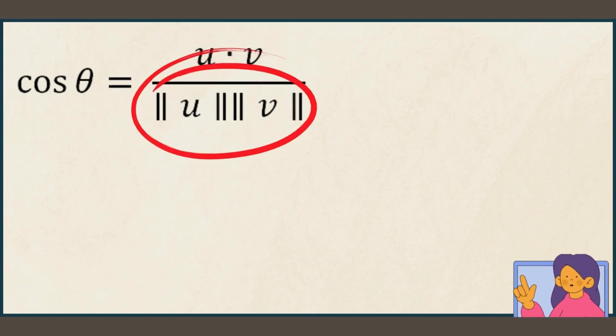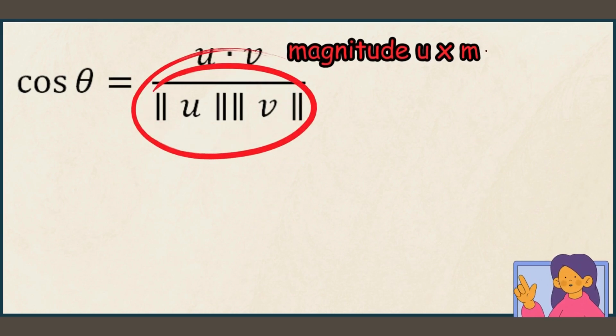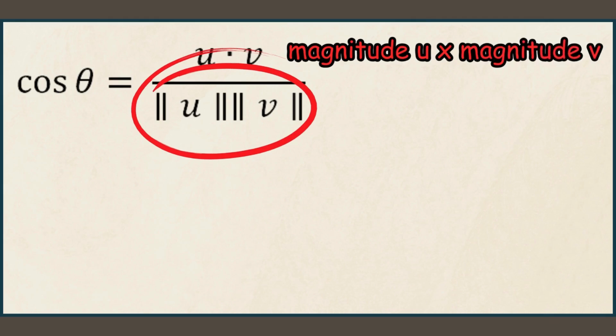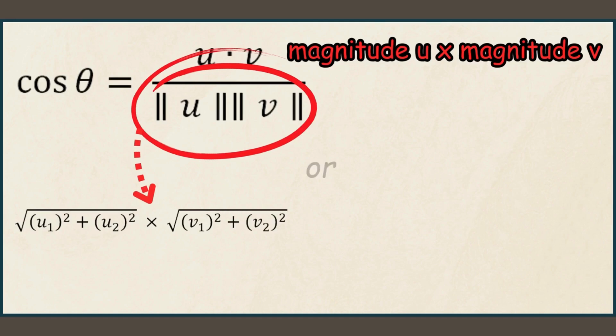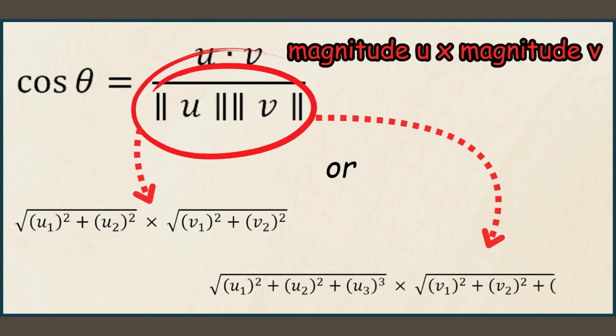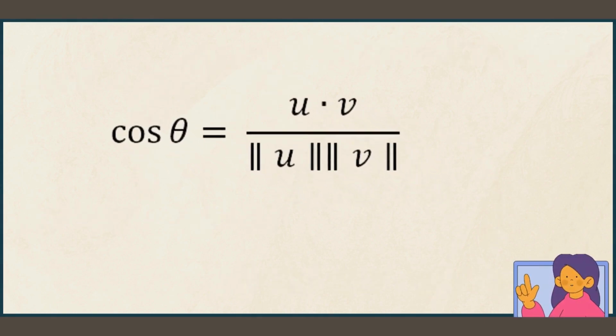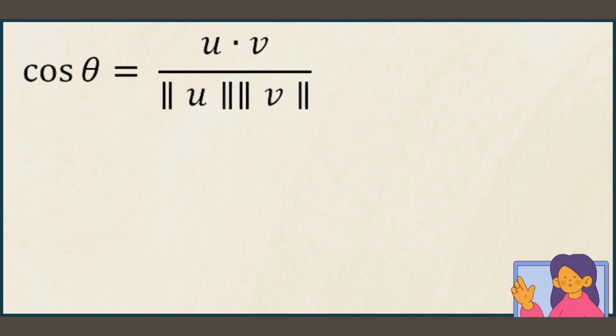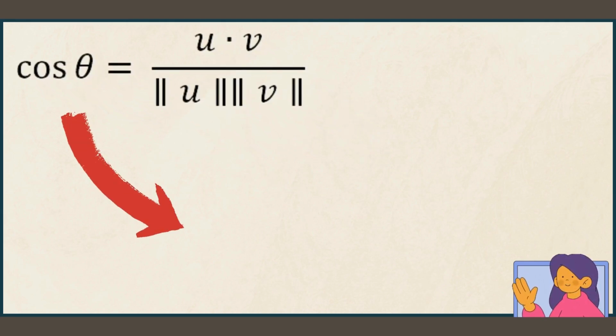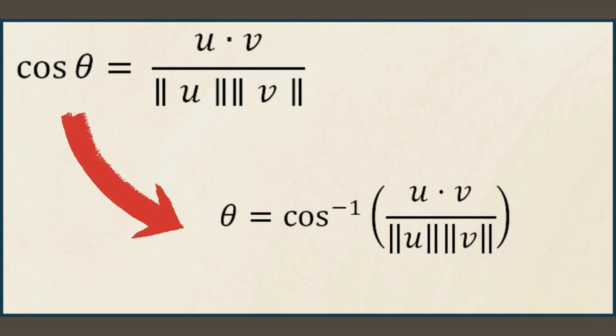While the denominator is the product of the magnitudes of the two vectors. Once you calculate cos theta, you use the inverse cosine function to find the angle in degrees or radians.